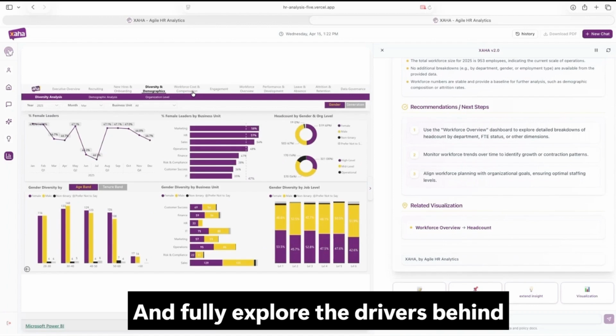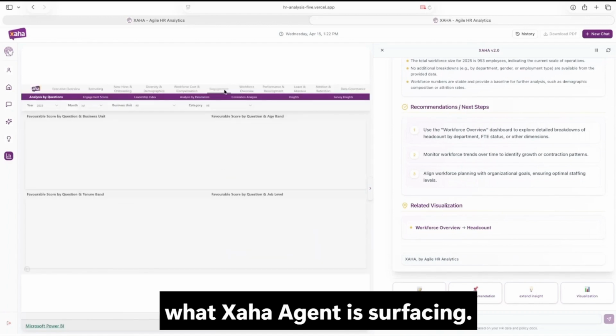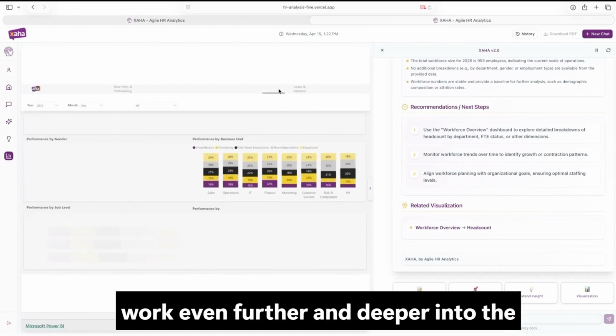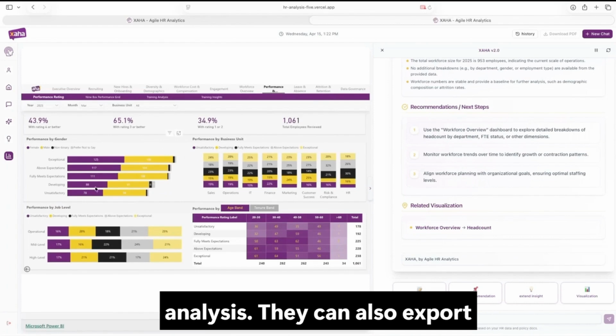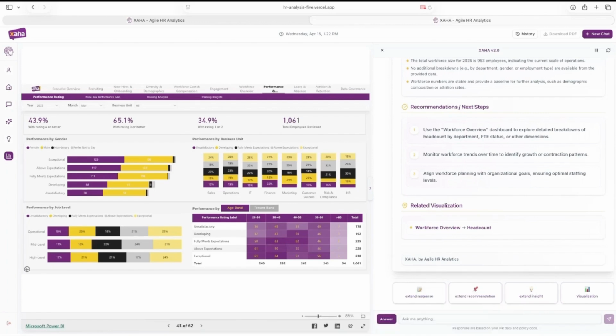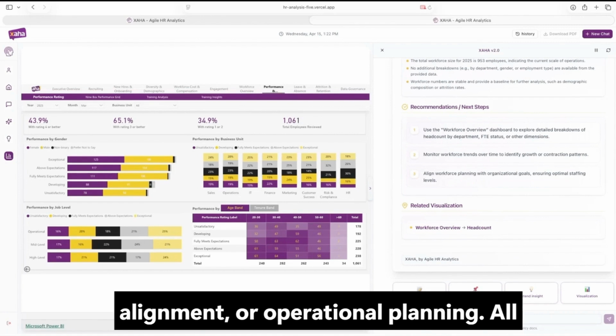And fully explore the drivers behind what XAHA agent is surfacing. This is where they can break it down and work even further and deeper into the analysis. They can also export this workforce data and use it in a broader organisation reporting sense, whether that's board reporting, finance alignment, or operational planning.